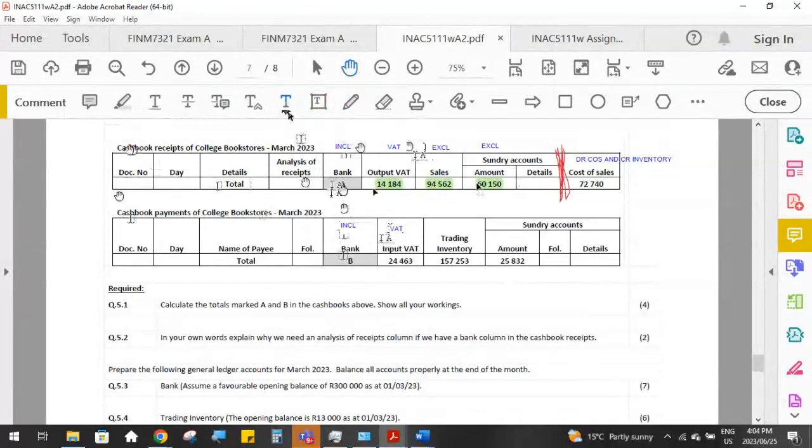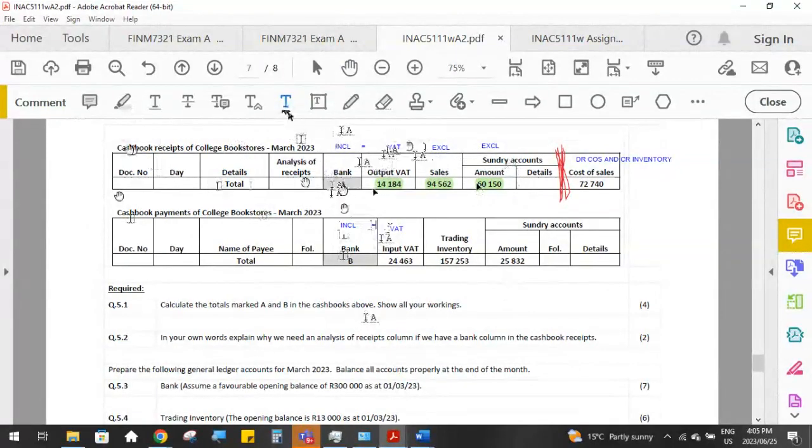So you can almost say that if we put an equal sign over here, bank is the left-hand side of the journal entry, and these columns over here are the right-hand side of the journal entry. So our debits must exactly equal our credits.